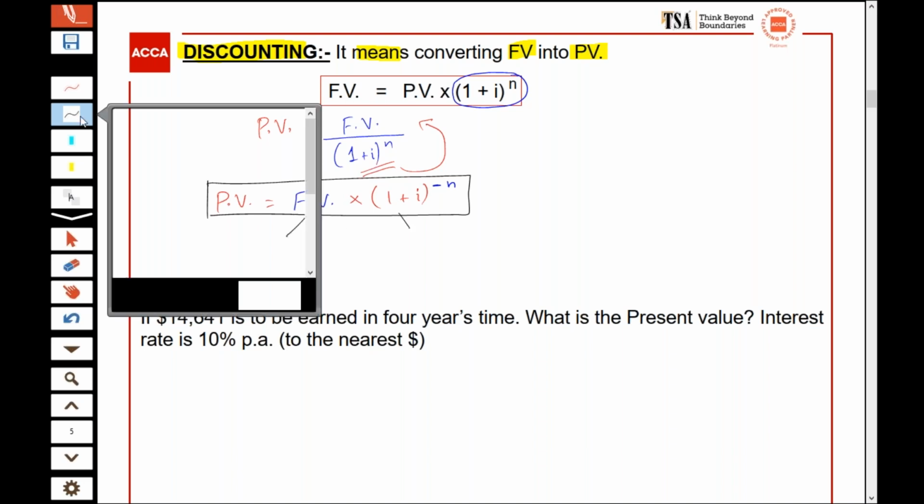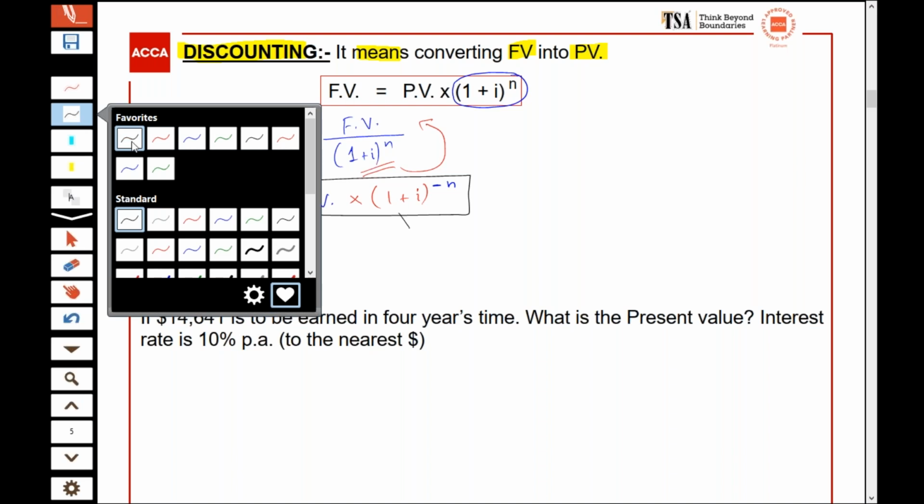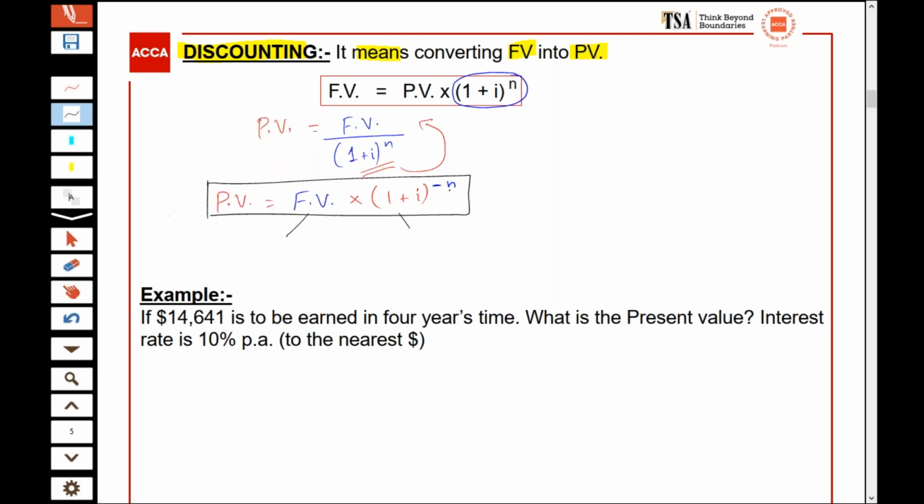And remember one thing, this thing, (1 plus i) power minus n, is known as the discount factor.